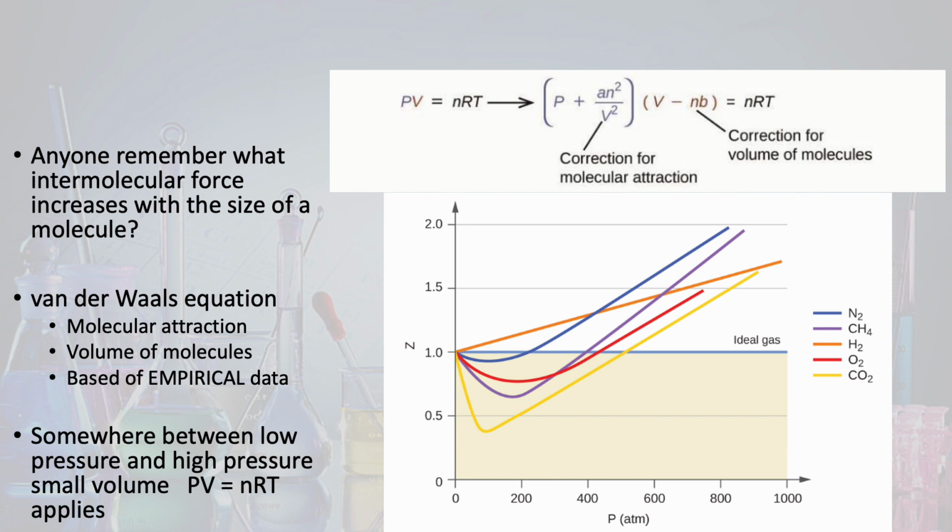And then over here, we have a correction factor for the volume our molecules also take up. Like I said before when we discussed compressibility, somewhere between a very, very low pressure and a very, very high pressure in a small volume, PV equals nRT will apply. It varies gas to gas, whether that's nitrogen, methane, carbon dioxide, or oxygen, because not all gases behave ideally.